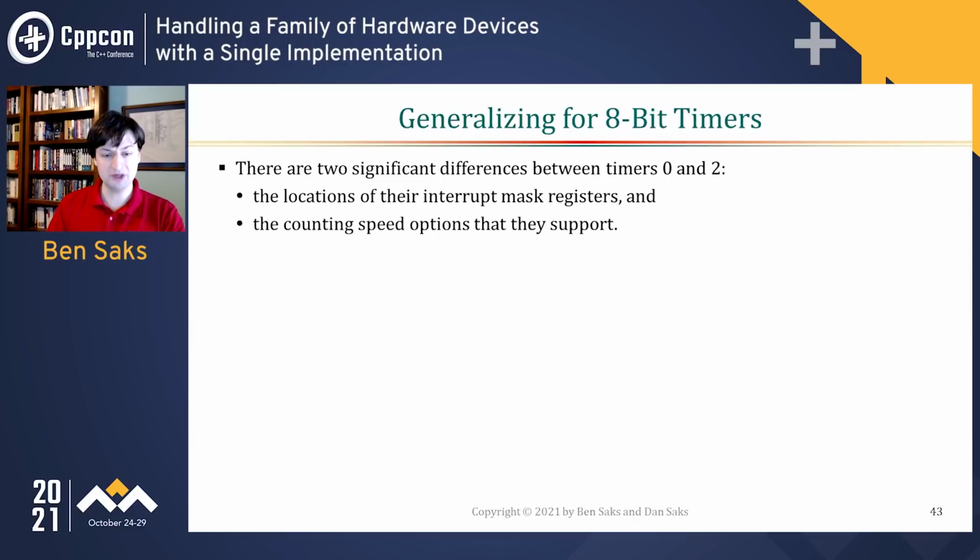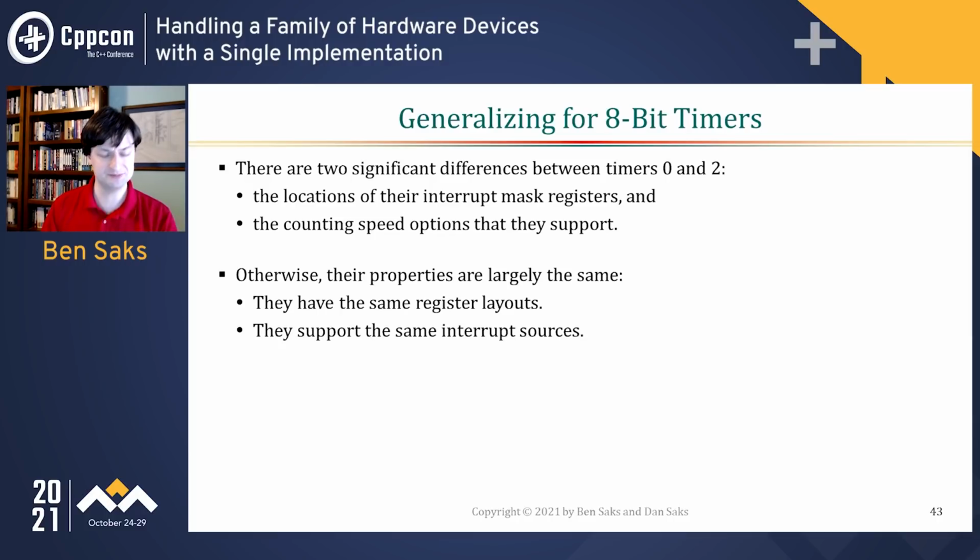They also support different counting speed options. You may remember that in the table before, back at the beginning, timer 2 was the one that had different counting speed options from the rest. But otherwise, they're fairly similar. They have the same register layout. They support the same interrupt sources.